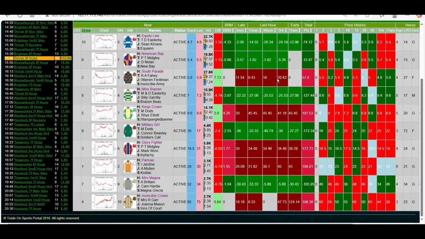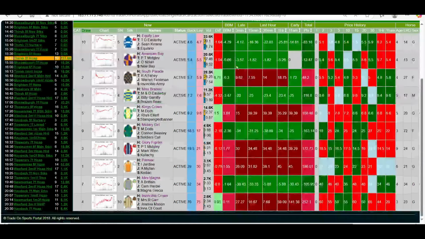Yep, gone into 16s now from 22. It's interesting. Big move there percentage-wise in the last 3 minutes. And down here we have an outsider, 46s into 32s. So at the moment, currently, we might be doing 3 bets here. We have conflict in zone 1, a clear favourite in zone 2, and a clear well-backed horse in zone 3.